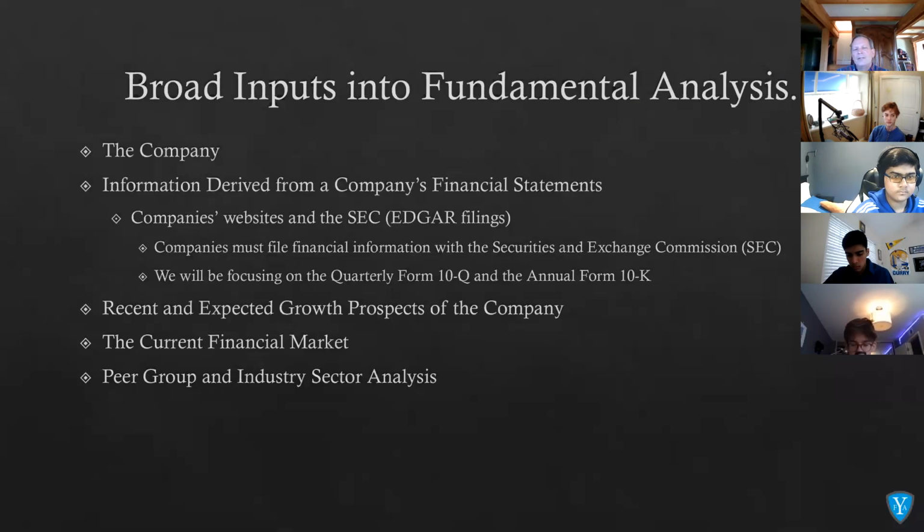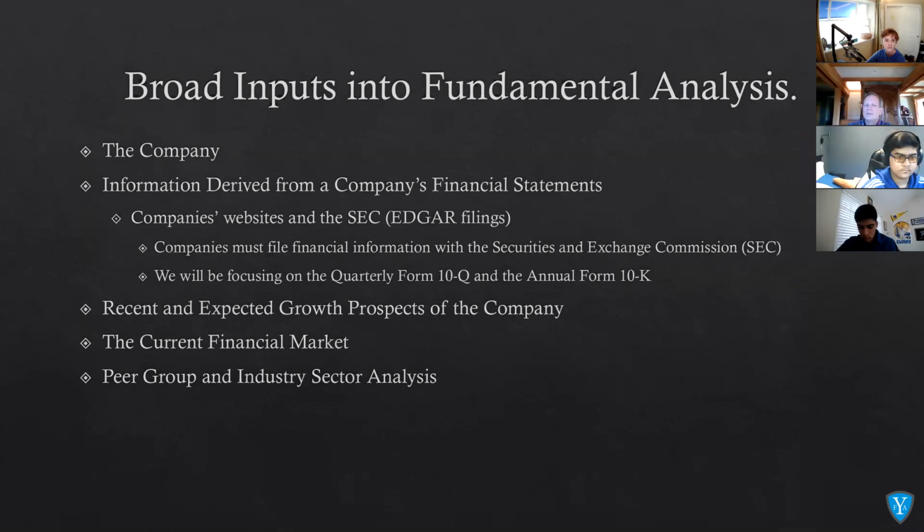And then another important piece is what I call peer group and industry sector analysis. When an analyst is looking at an individual company, they will also look to other companies that are operating in the same industry, because investors, for instance, today we have the Clorox Company, and most of you have seen Clorox bleach and Clorox cleaning products and so forth.